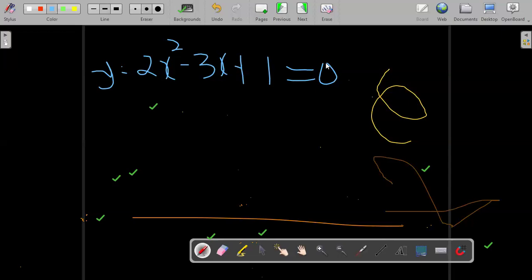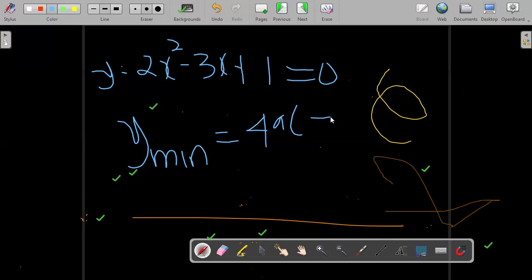The minimum, y minimum, is 4AC minus b squared divided by 4a. This is how you determine the minimum.